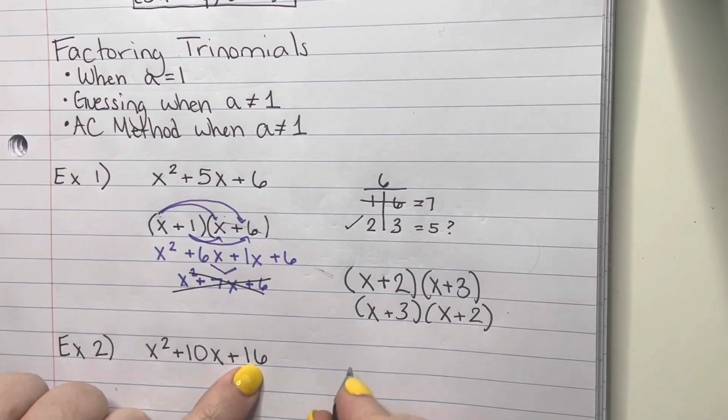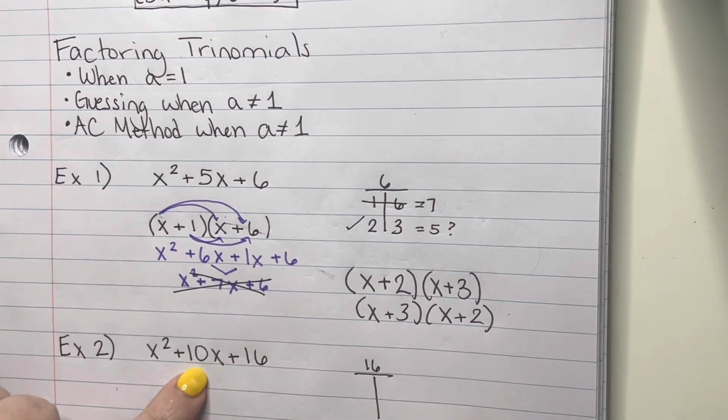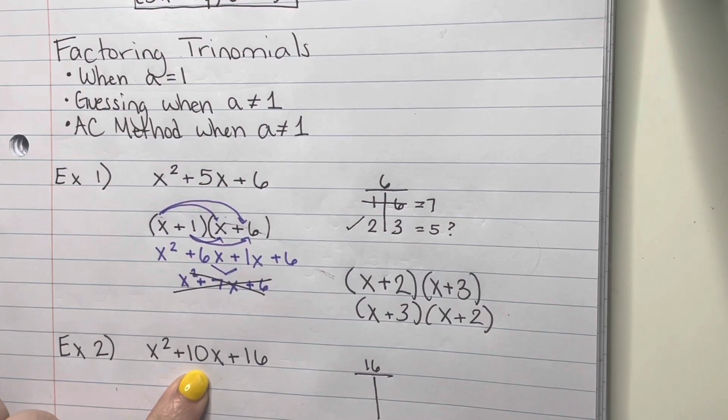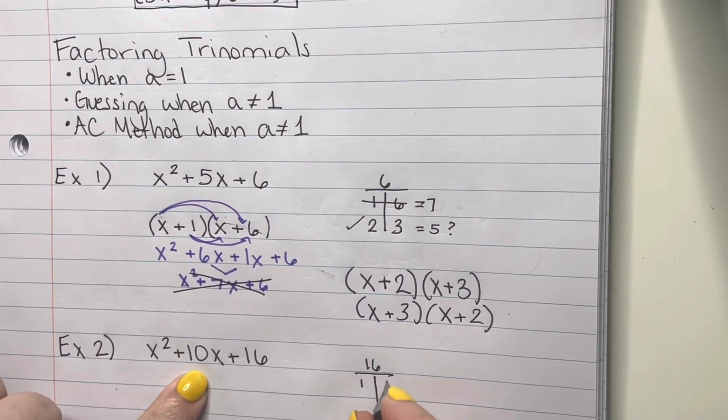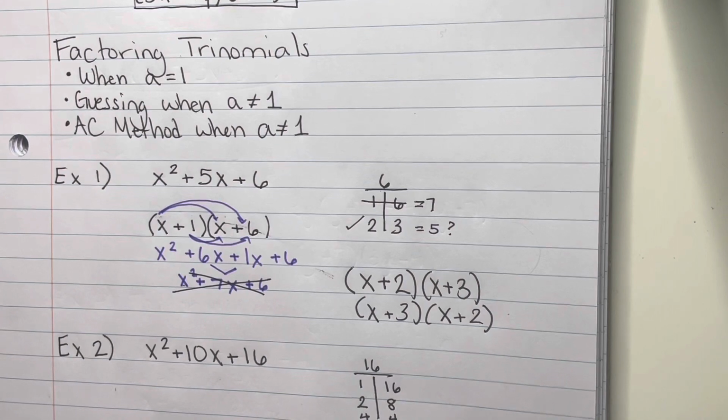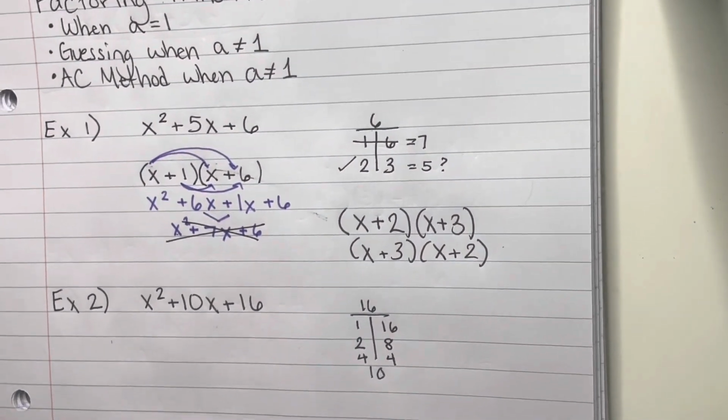Let's think of numbers that can multiply to be 16, but also add to be 10. So 16 can be 1 times 16, 2 times 8, or 4 times 4. Which pair is going to add up to equal 10?